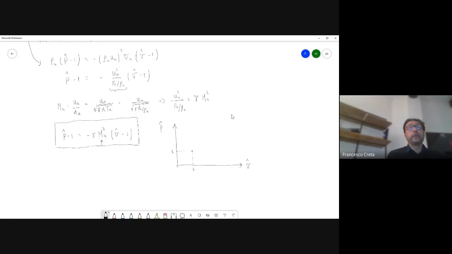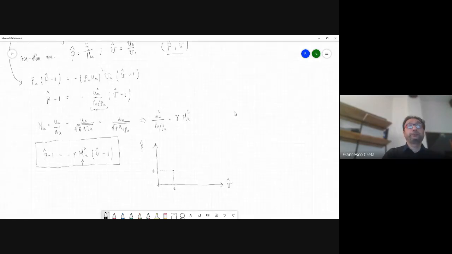What's so special about this point 1, 1? Well, remember the definition of P hat and V hat.